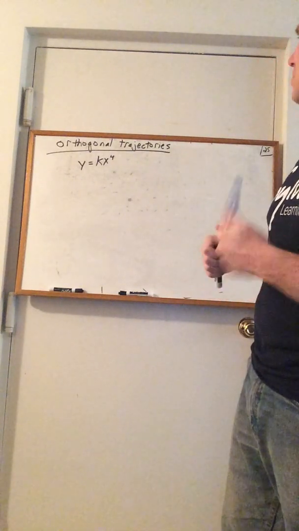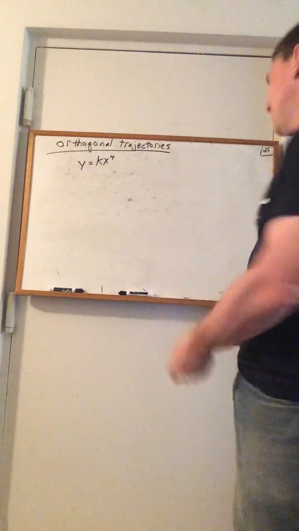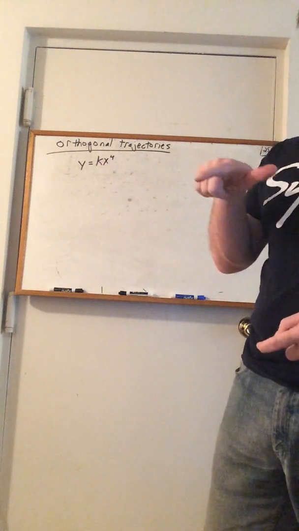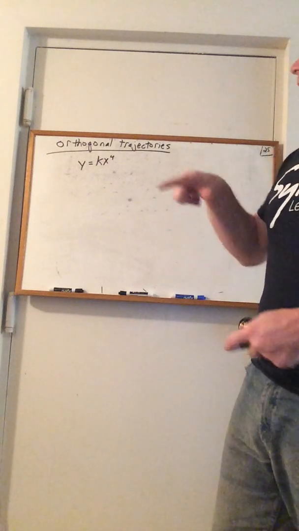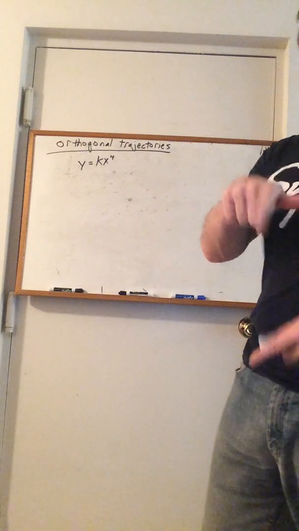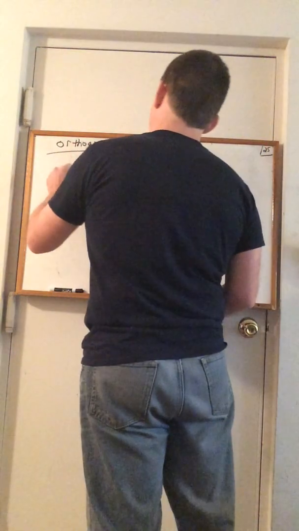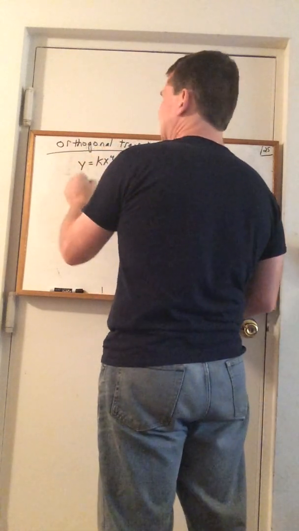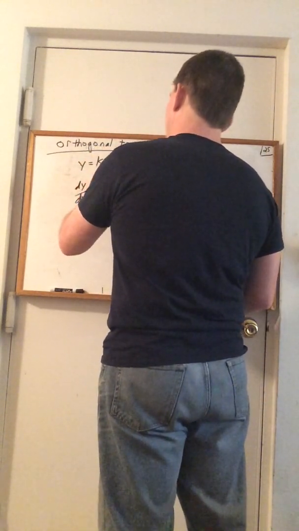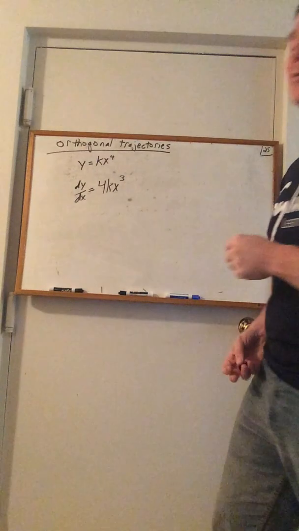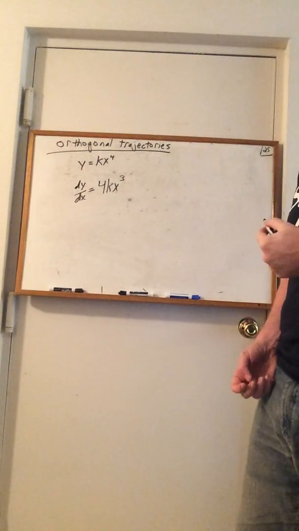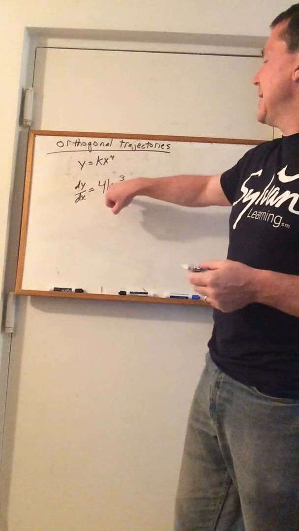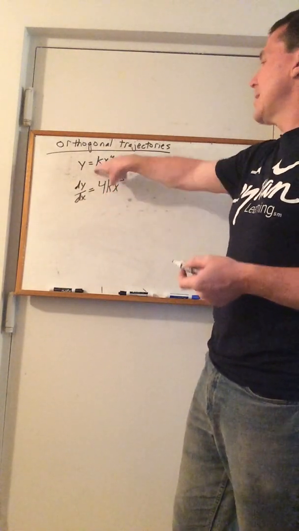And the math involved is, well, let's see. If that's the family I have, and I want to find a set of families that are orthogonal to it, I'm talking about the tangent lines, which means I need to take the derivative. So I take the derivative of both sides. dy dx equals, keep in mind, k is just a constant, so 4kx cubed. Now I have my derivative. The one problem is, this k is a constant relative to this family.